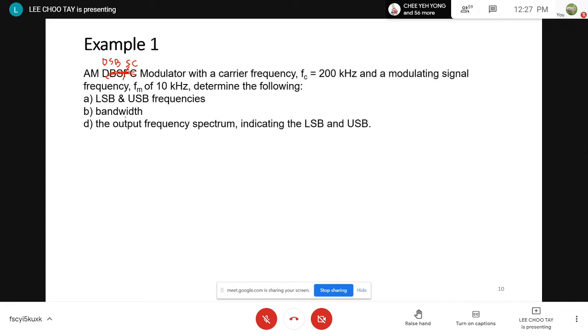Okay, a double sideband suppressed carrier modulator with a carrier frequency FC of 200 kilohertz and a modulating signal frequency of 10 kilohertz. You are asked to determine the lower sideband and upper sideband frequencies, then the bandwidth, and also the output frequency spectrum, indicating the lower sideband and the upper sideband.